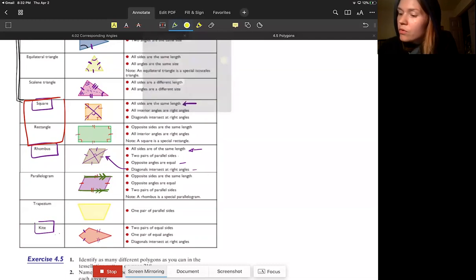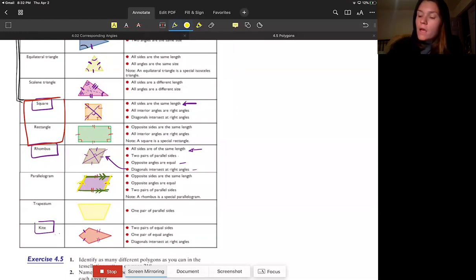Also, with a parallelogram, this side is parallel to this side here. With a trapezium, you'll only have one set of parallel lines. We can't say that this side and this side run parallel to one another. So a trapezium has only one set of parallel sides.